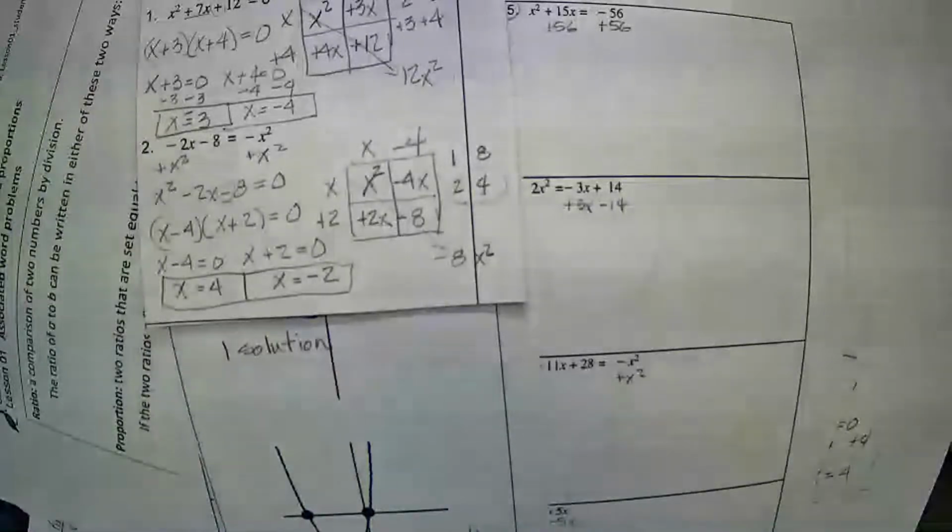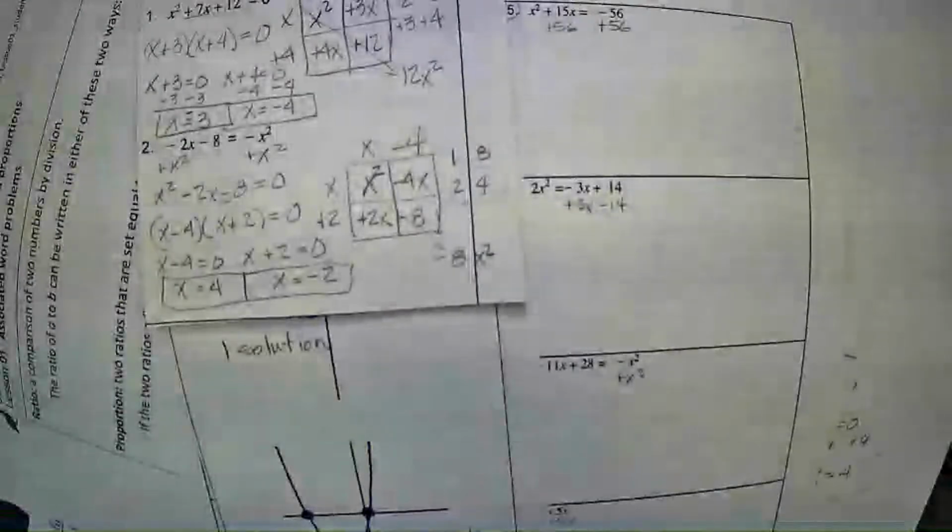x times what would be the negative 3x? 2. So it needs to be minus. And then x times what would be the positive 6x? That's not right anymore. That should be a negative. They have to add to give you a negative number.